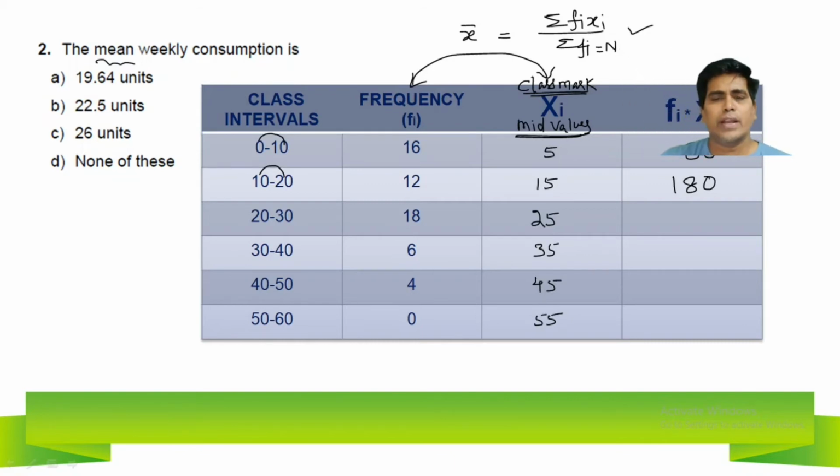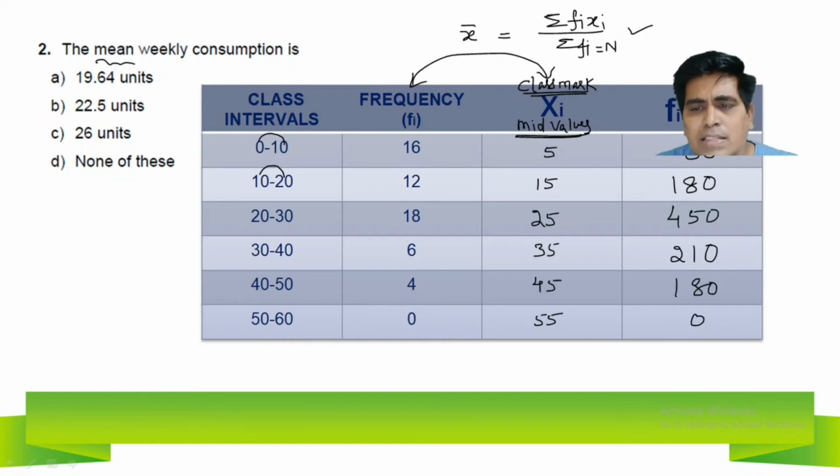How much are you getting? So 18 into 25 is 450. Next, 6 into 35, that is 210. 4 into 45, that is once again 180. And 0 into 55, that is 0.